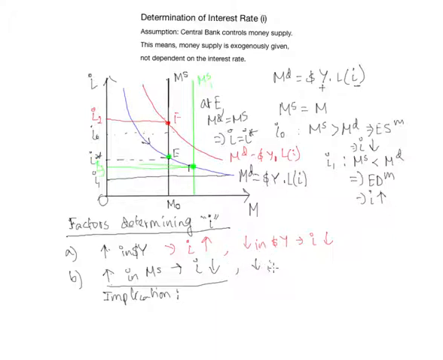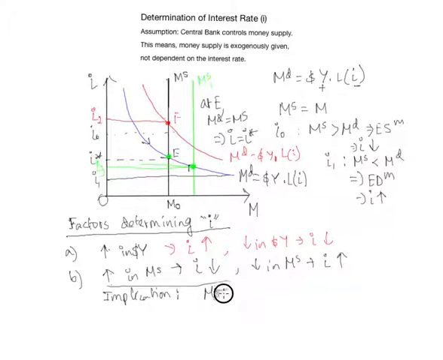So decrease in money supply similarly causes interest rate to increase. They are basically saying the same thing, whether the central bank is changing the stock of money or changing the interest rate. So they are interchangeable.